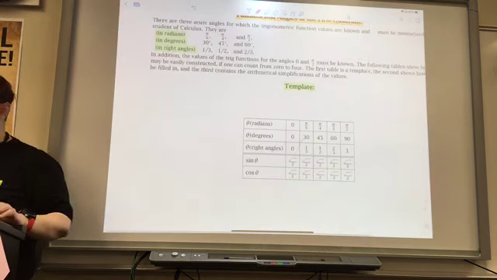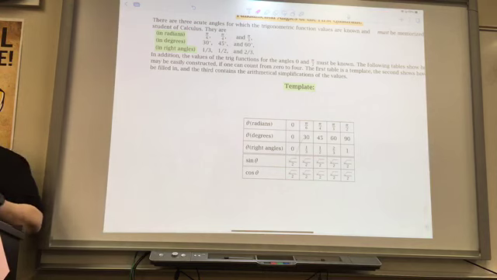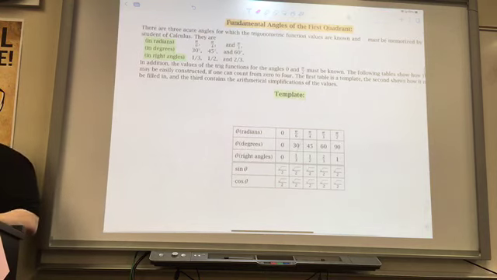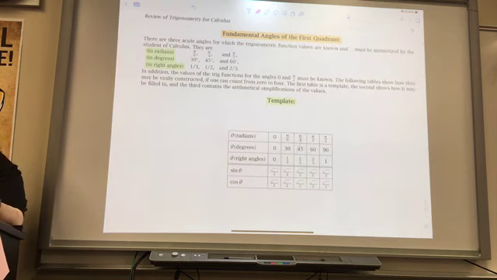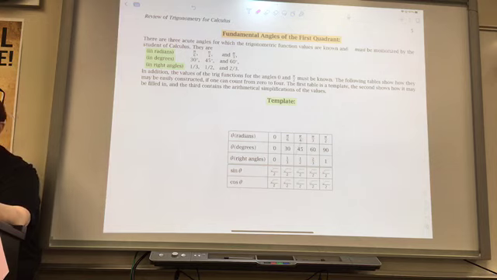The best friend chart that I gave you comes from this, which is actually kind of cool. I'll show you where it comes from, then maybe it'll help you remember. You really do have to memorize these angles, and you have to know them all the way around the unit circle. But then I'll show you how I write it in our best friend chart.